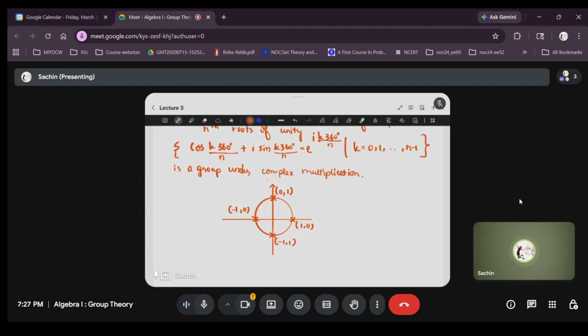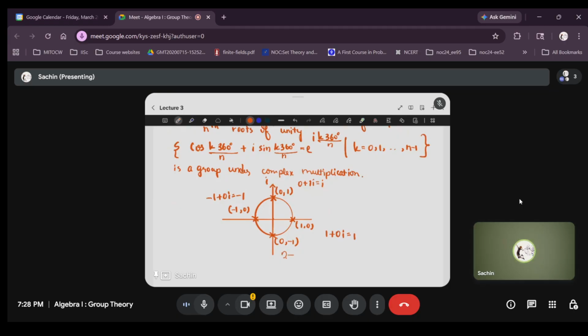This is the i axis. So this is actually 1 plus 0i, which is 1. This is 0 plus 1i, which is i. This is minus 1 plus 0i, which is minus 1. And this is, sorry, this is 0 and minus 1.